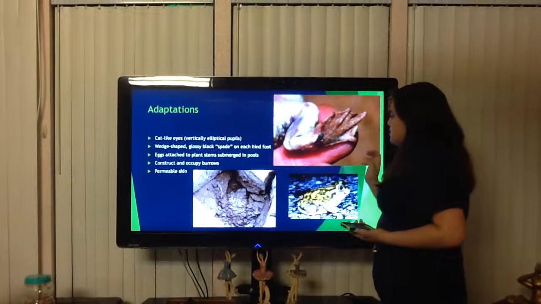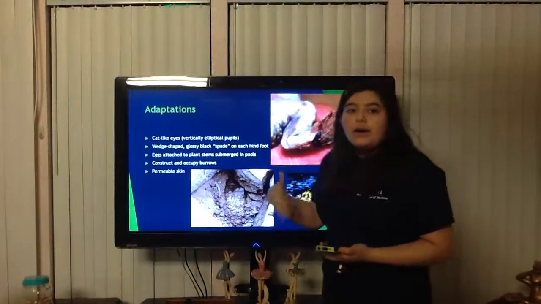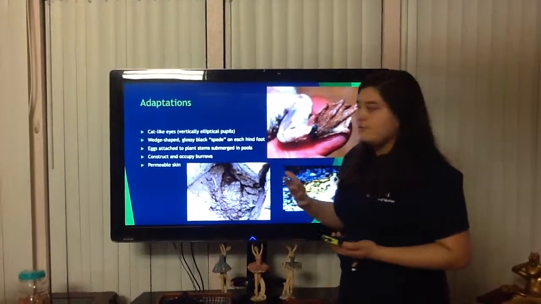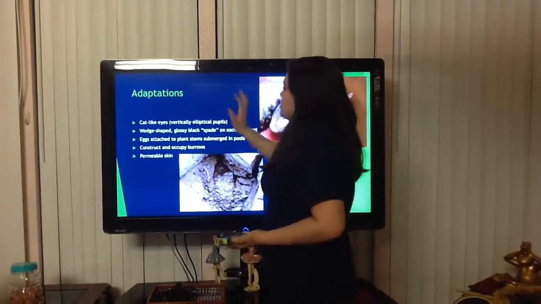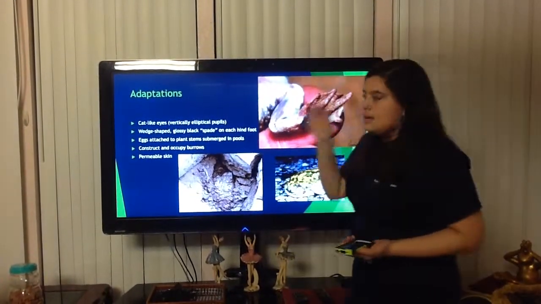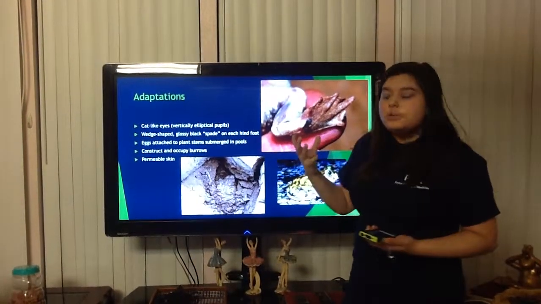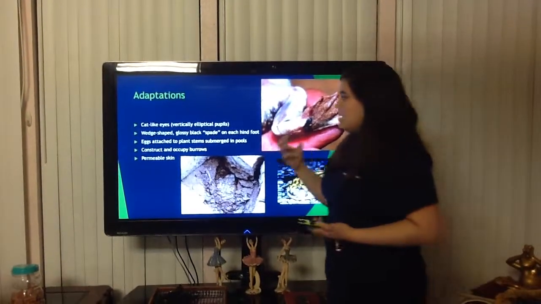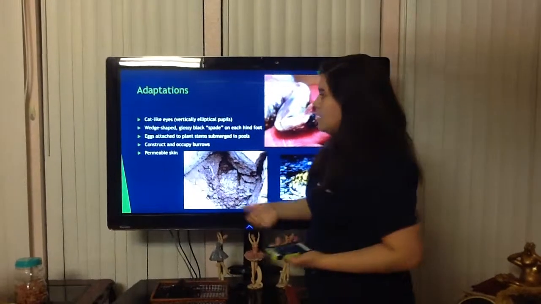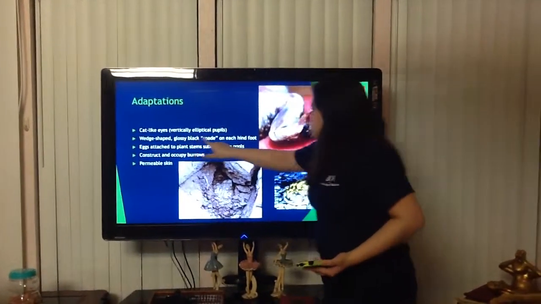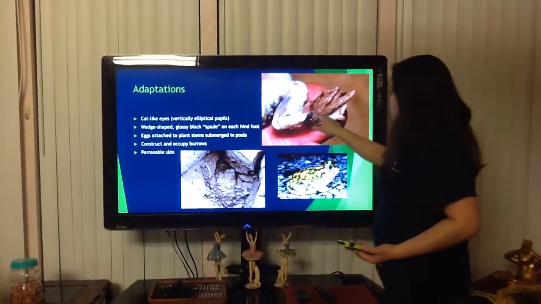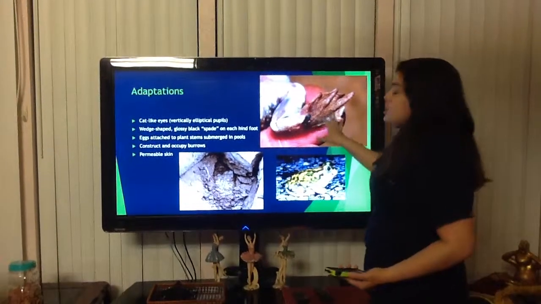Now the western spadefoot toad has multiple adaptations for its arid environment in California and northern Mexico. One of these includes cat-like eyes, which means that the pupils are vertically elliptical during the daytime, and then at night they expand and show a round iris. Then we have the wedge-shaped glossy black spade, which is shown here by this image, on each hind foot.